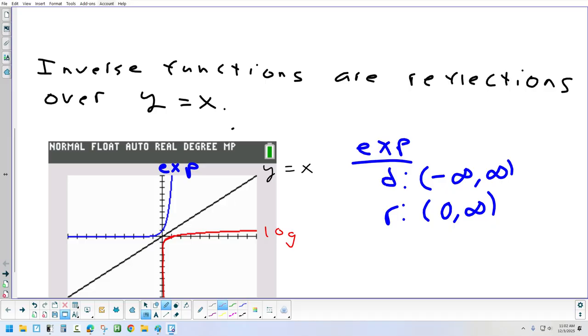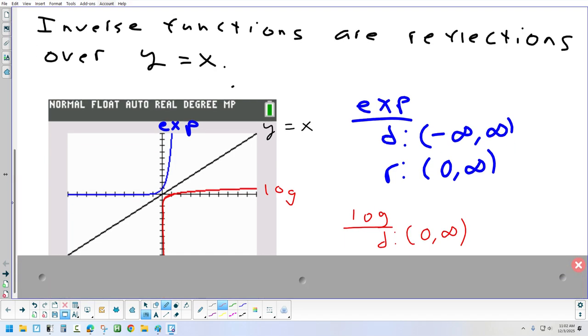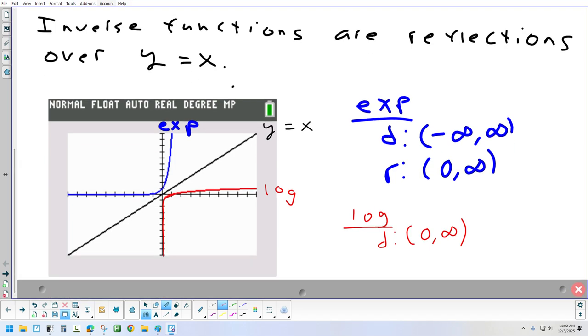Now let's compare that to a log. Look at the graph in red. What does it look like the domain is for the red graph? 0 to infinity. And how about the range for the red graph? Yep.